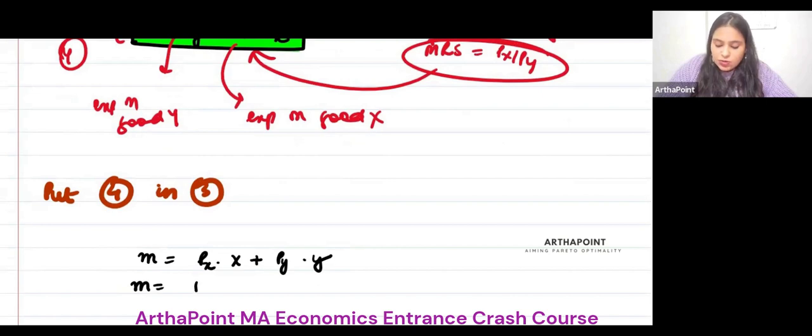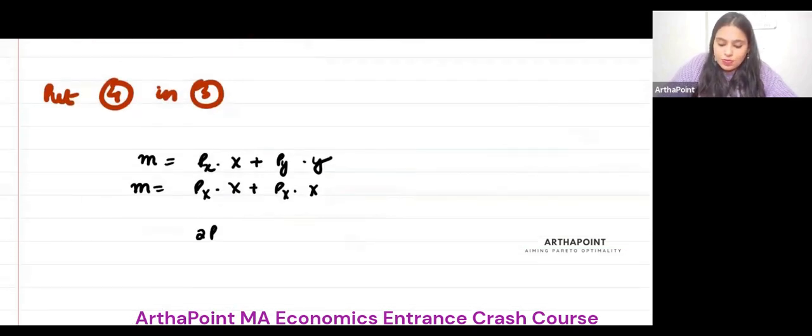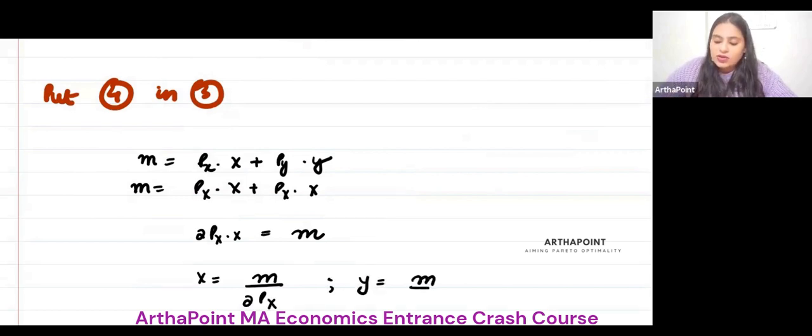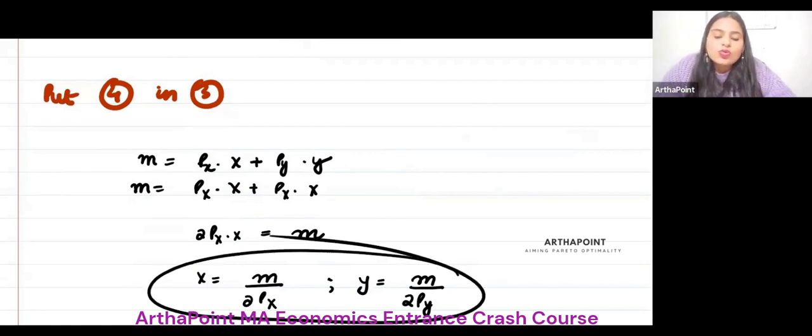So m is equal to px into x plus px into x, because both are equal to each other. So 2px into x is m. So x is m by 2px. And then you can solve for y. You will get this. So you are getting the same answer, whether you follow your method 1 or method 2.